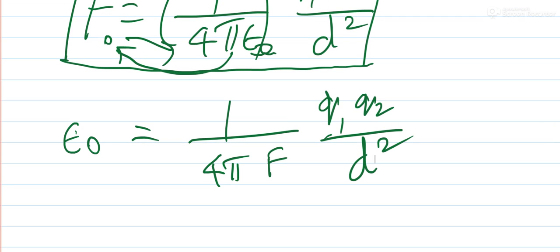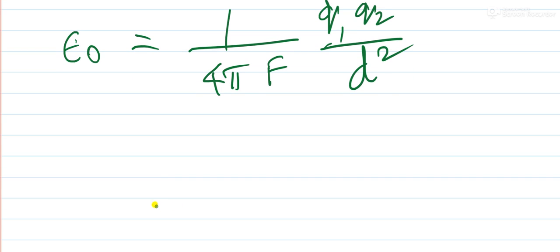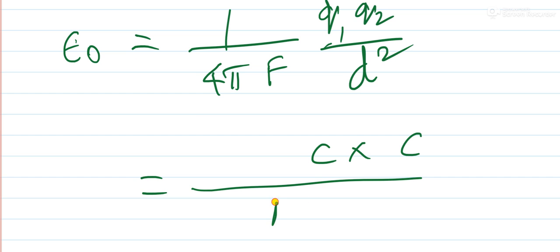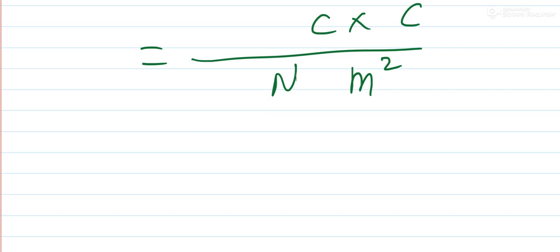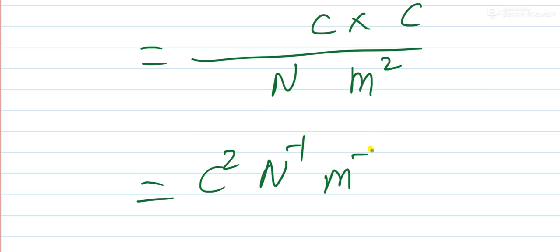The charge unit is the coulomb, so coulombs into coulombs. Force unit is Newton, distance unit is meter, and because of the square, meter square. 4 pi has no unit. So we get Coulomb square, Newton inverse, meter minus 2. So we got the unit of epsilon naught also.